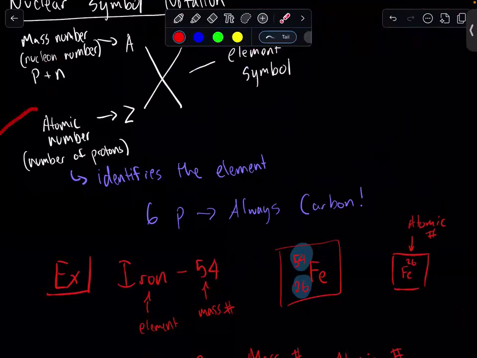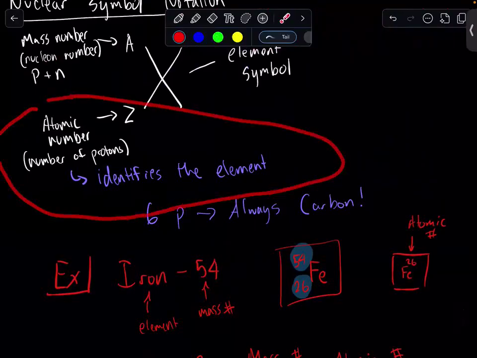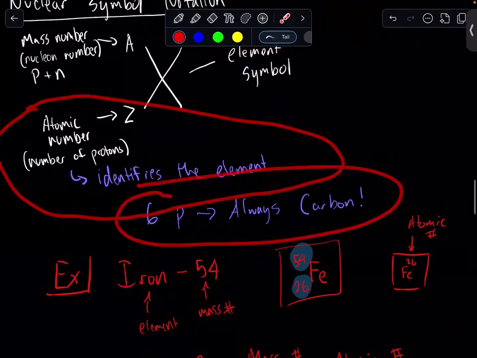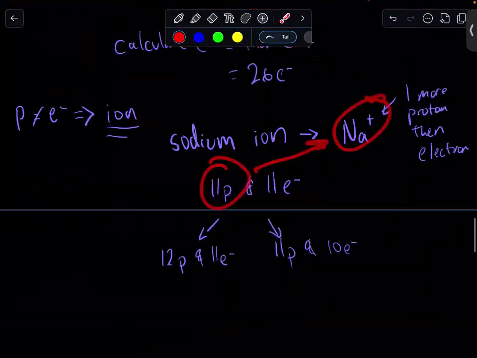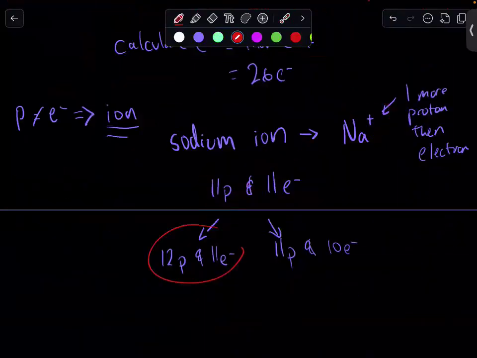The atomic number, the number of protons, identifies the element. And we remember that 6 protons is always carbon. Therefore, 11 protons is always sodium. And therefore, this is incorrect. 12 protons is no longer sodium. So that's our answer. So sodium ion has 10 electrons.